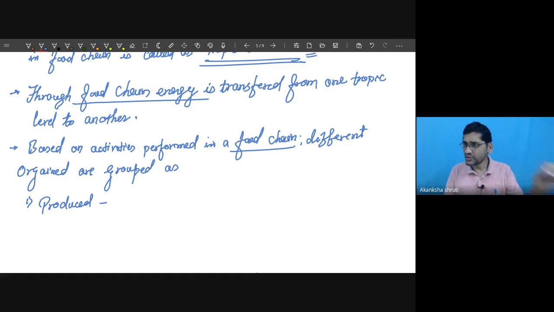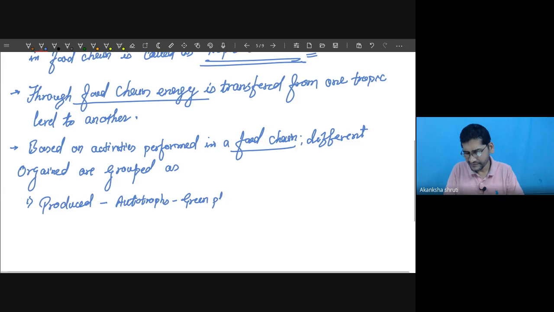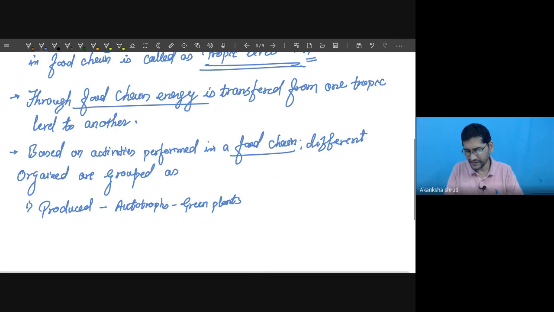Producers are those who are generating the food. They are able to produce the food. All these are autotrophs, green plants. These are the producers. All the autotrophs get their food by the process of photosynthesis.